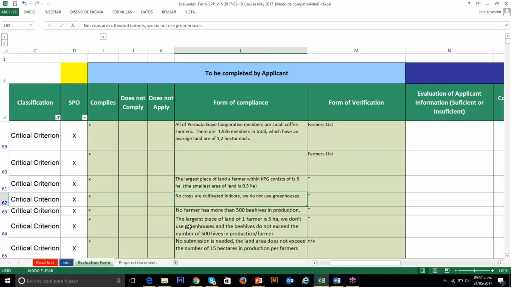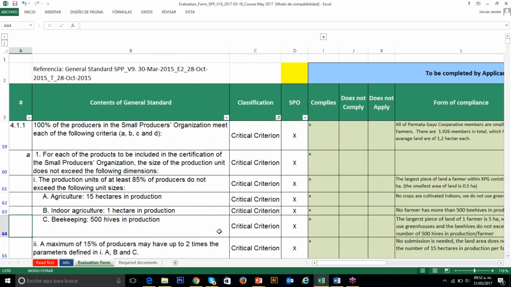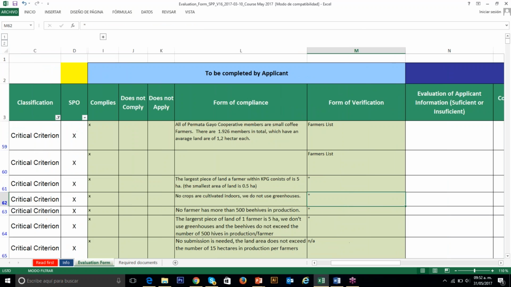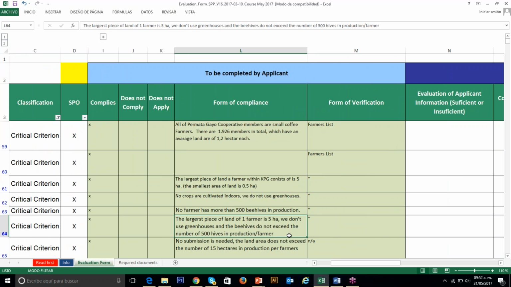Well, the largest piece of land of a farmer is 5 hectares. Then they are writing that you can see that all of the members are less than 15 hectares.